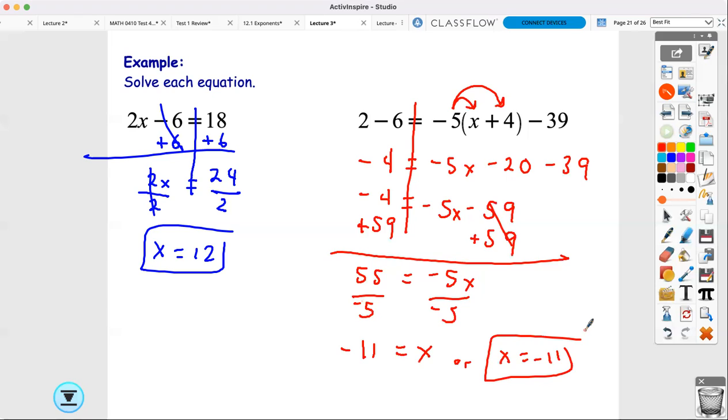Has everyone seen how we're combining the properties we learned today? The distribution property, combining like terms, and then we're using the same steps we learned about solving equations, doing the opposite to move them around. So we've seen all these things already. Now we're just combining them to do more complex problems.